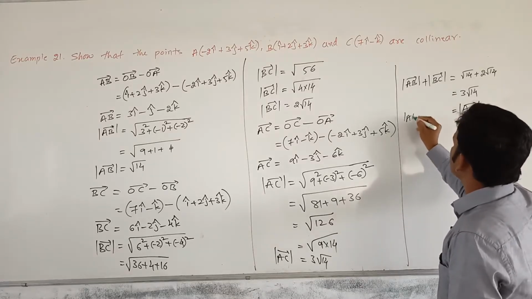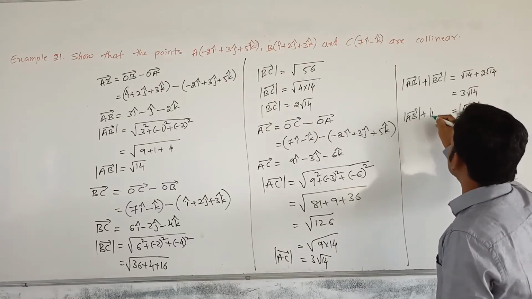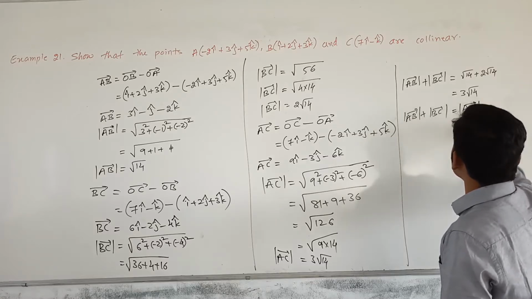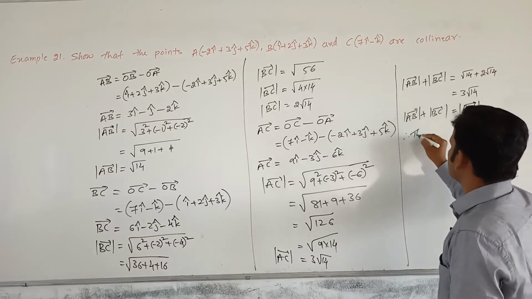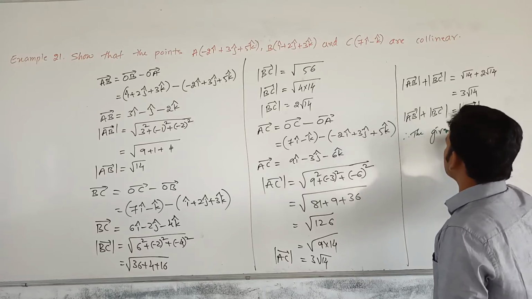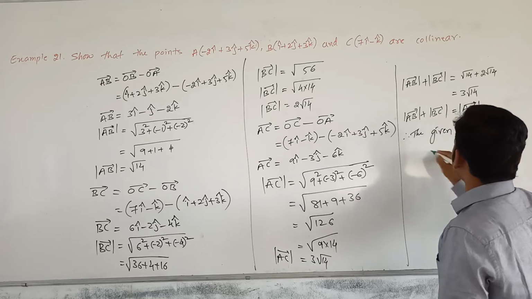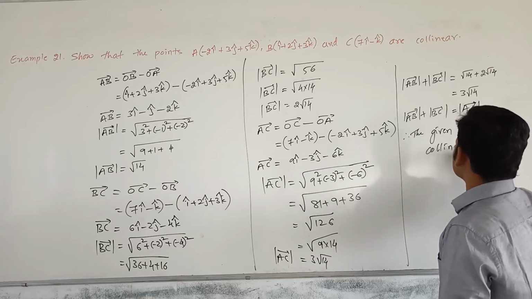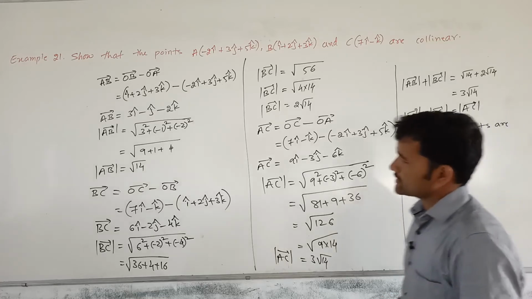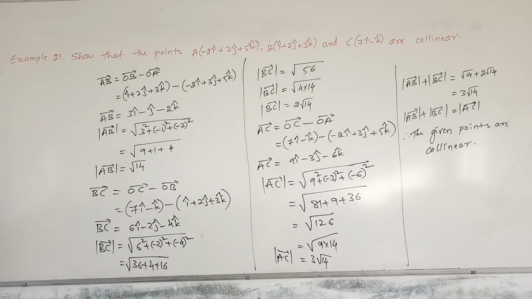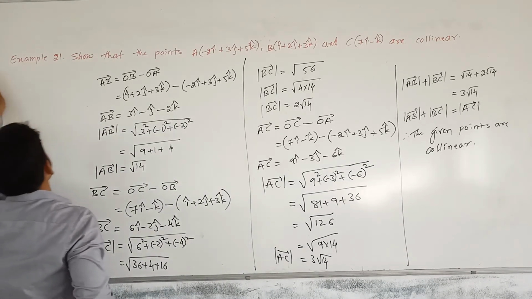We have length AB plus length BC equal to length AC. Therefore, the given points are collinear. This is about example 21.